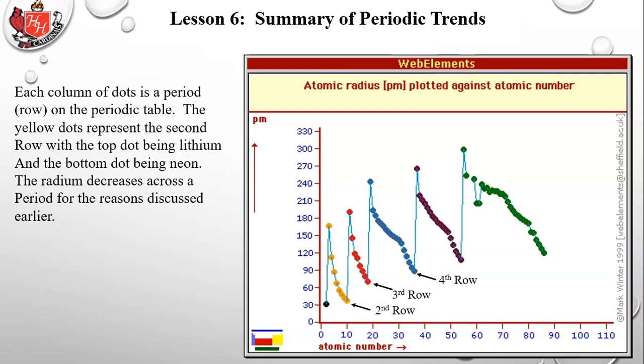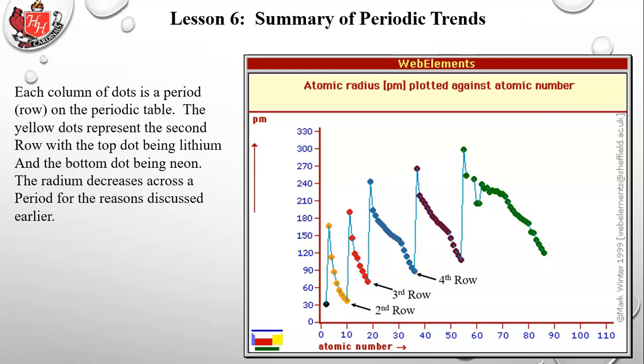That very first dot down there on the left side is either hydrogen or helium, I'm not sure which. But in the yellow row you'll see that there's 8 dots. That's the second row. Lithium is the one up at the top. It has the largest atomic radius. And neon is the one at the bottom, and it has the smallest atomic radius in that row.